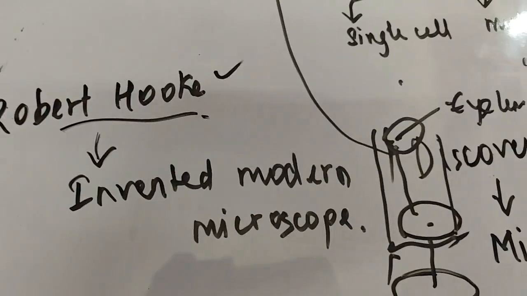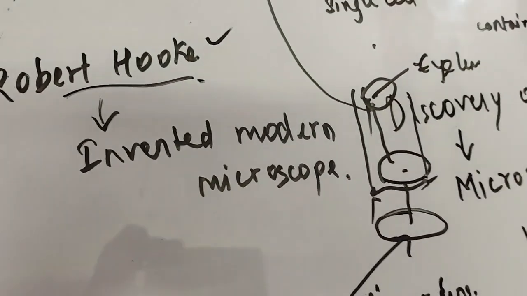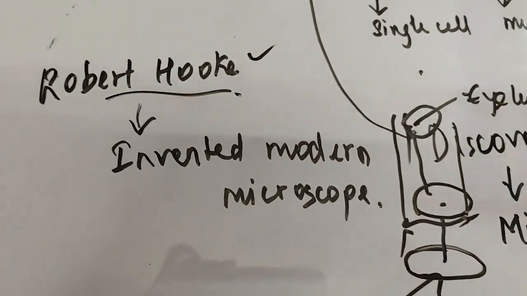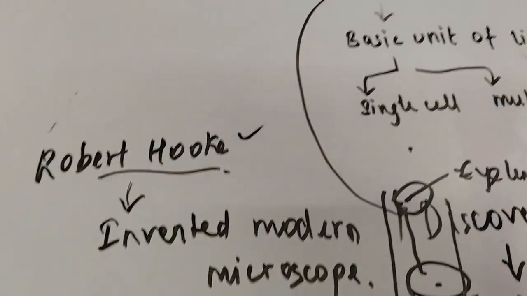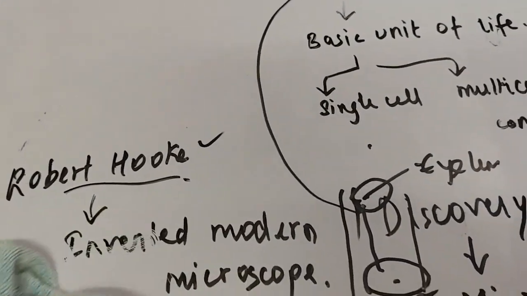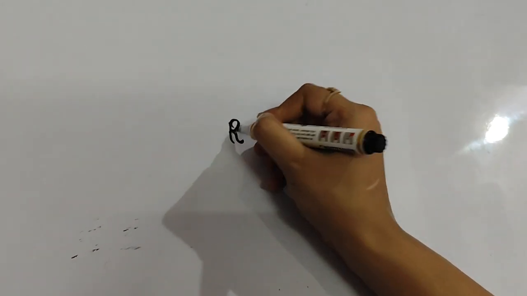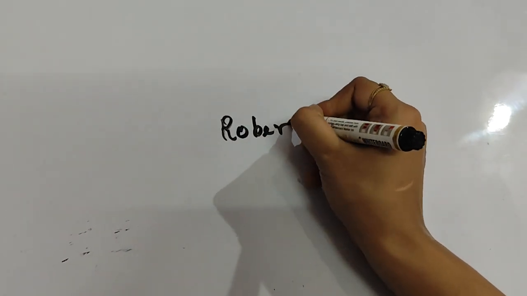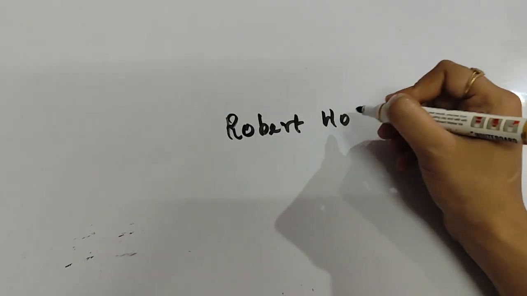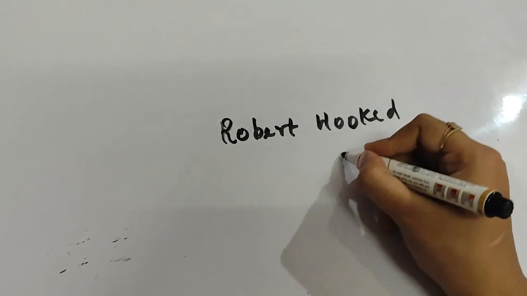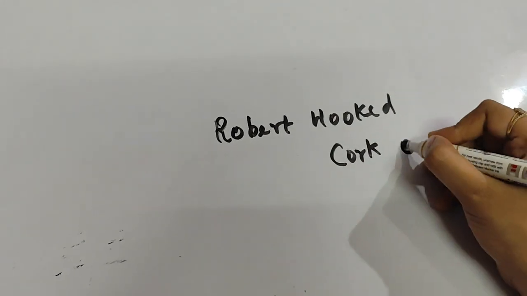Now, what did he observe and how did he discover? Let us see. He worked on cork of oak.